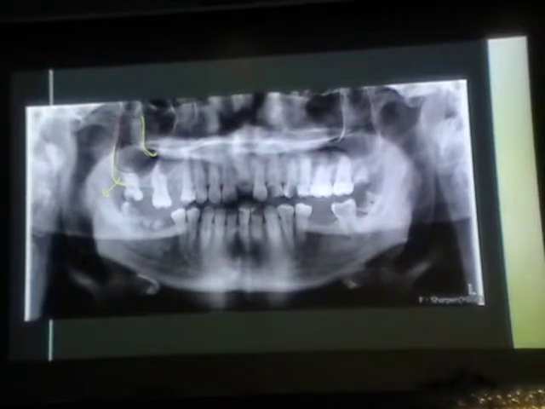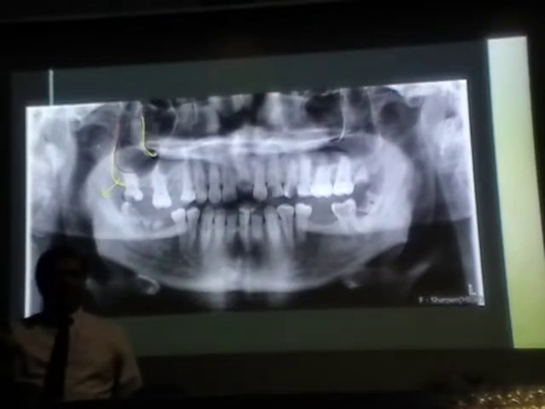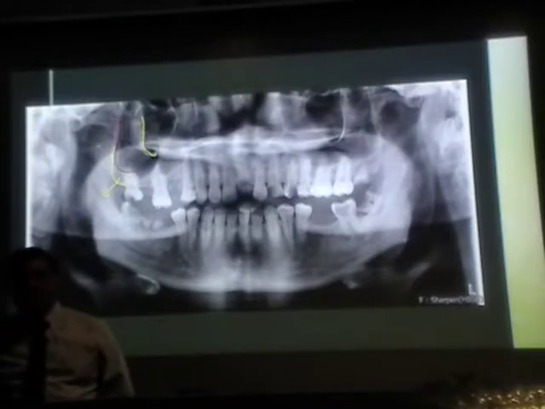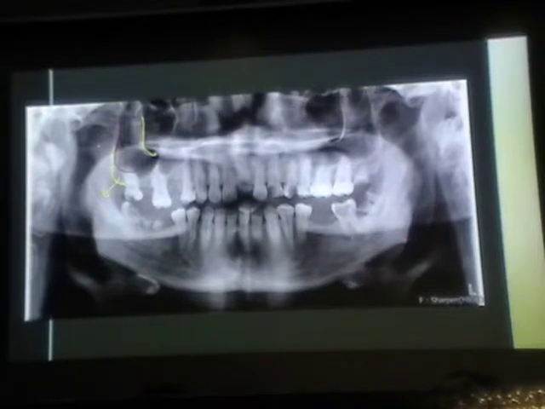What was the red one? Posterior wall of the maxillary sinus. Can you repeat the last one? The top yellow one? Zygoma. What was that? Malar process.